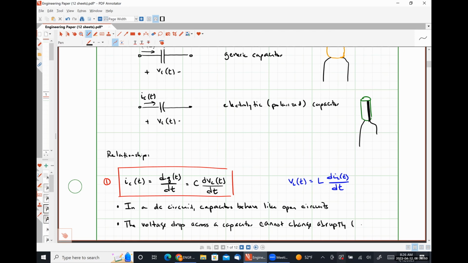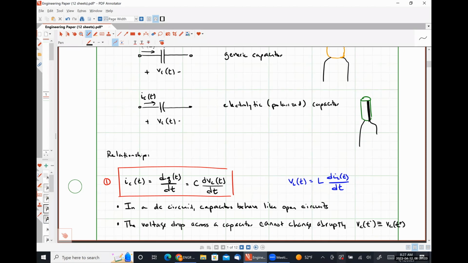And I believe I wrote this, so we'll say VC at t minus must equal VC at t plus. Just meaning our voltage needs to be a continuous function. It has to have a single value as we approach any instant in time from both sides. So that's everything that we got from our derivative-based relationship.